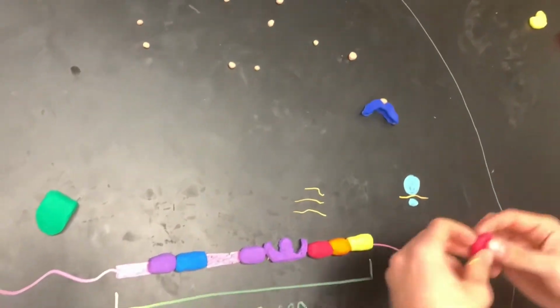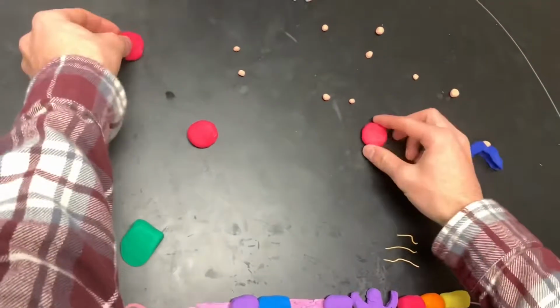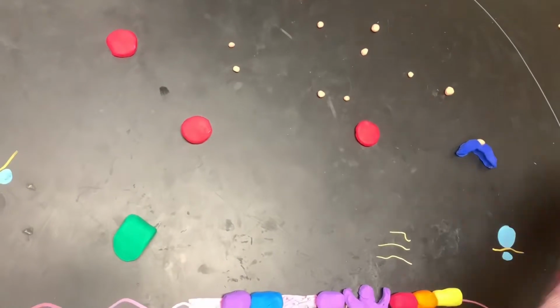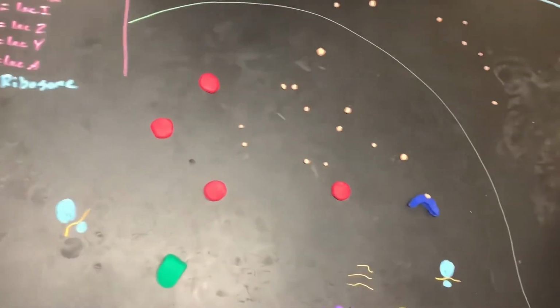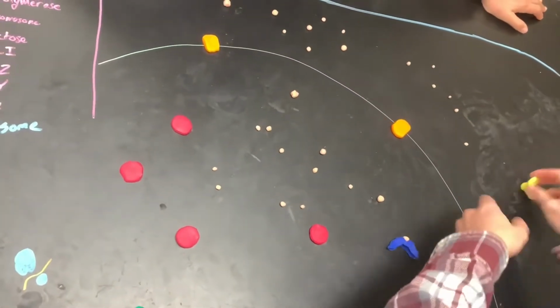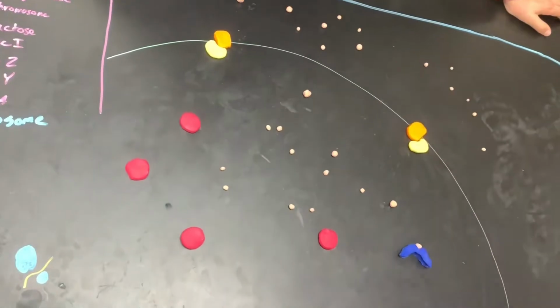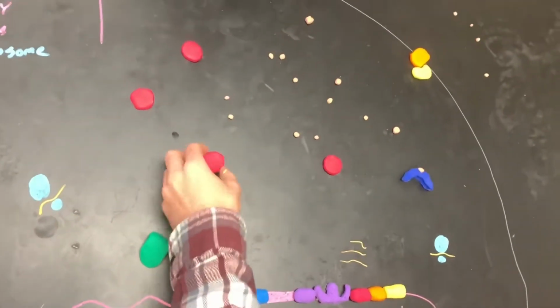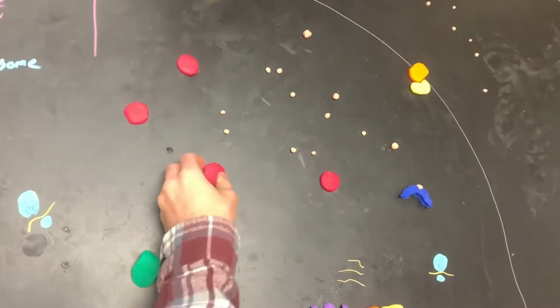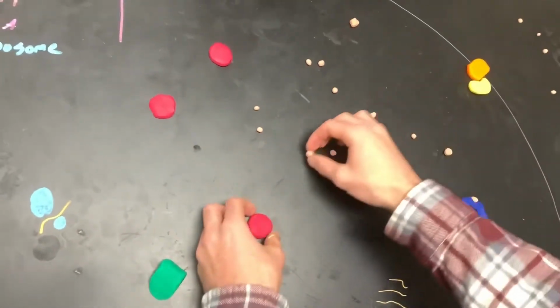So we have all our different proteins that are going to help in the metabolism of lactose. So the beta-galactosidase.